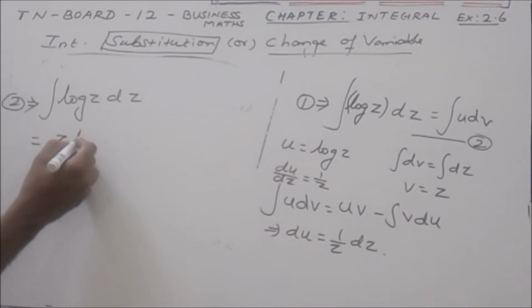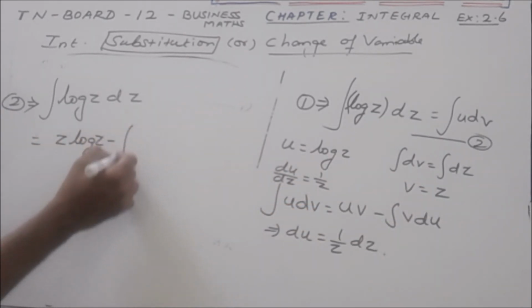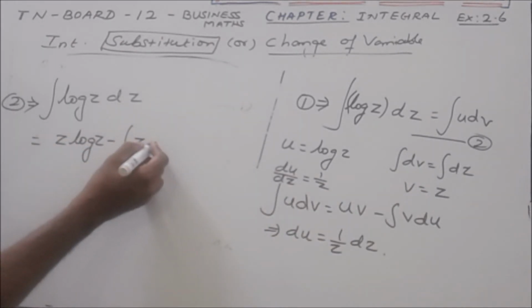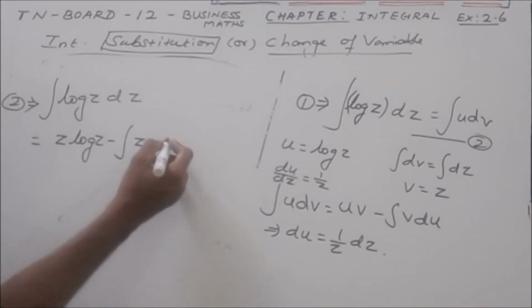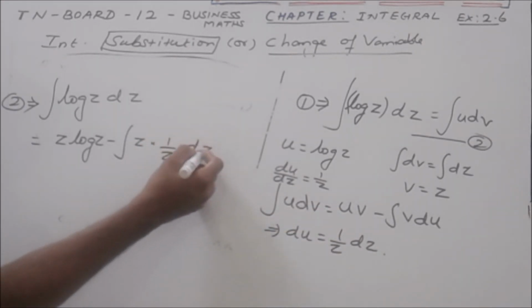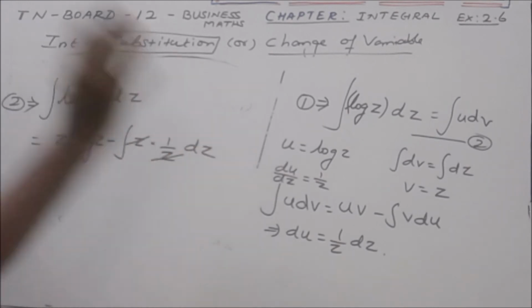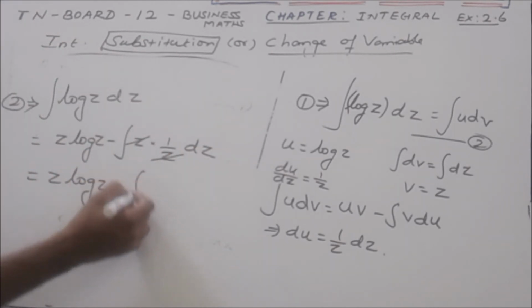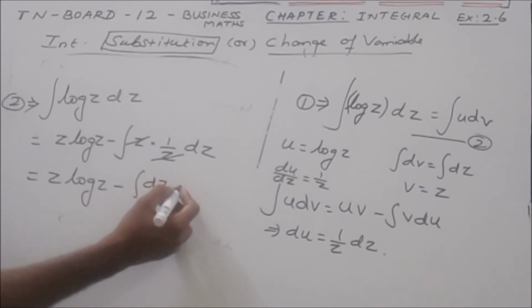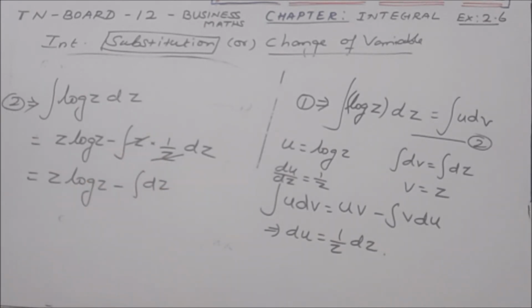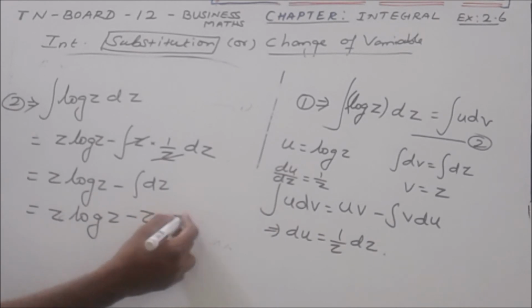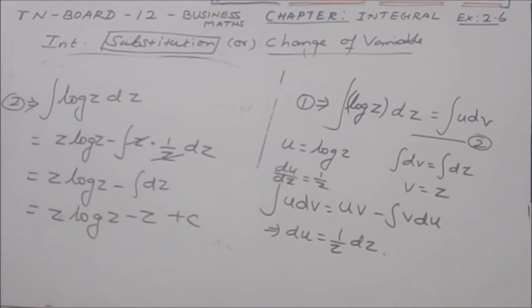So z log z minus integral v du, where v is z and du is 1 by z dz. Cancelling these, we have integral dz only. So z log z minus integral dz. Integrating dz gives z. So z log z minus z plus c.